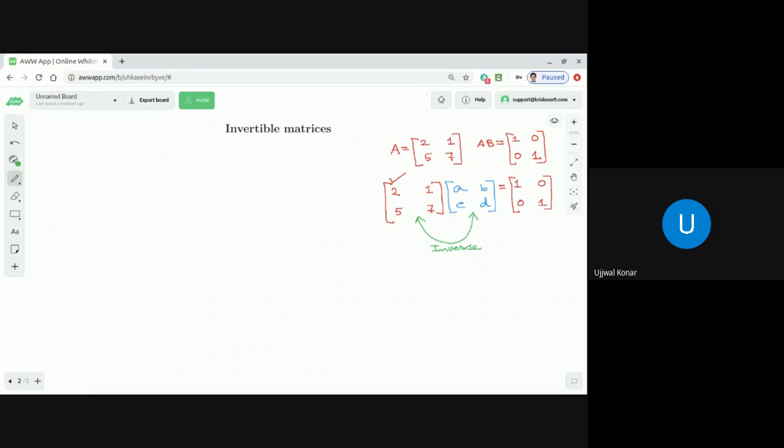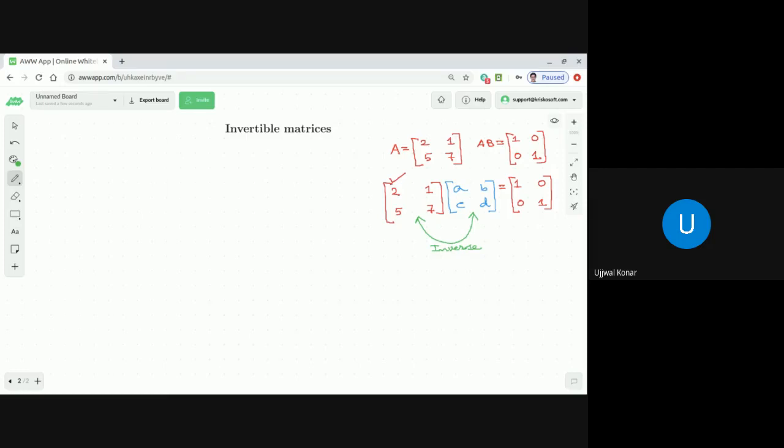Got it? So if you look at the matrix 2, 1, 5, 7, and we get another matrix whose elements are A, B, C, D, then we are going to get a matrix whose elements are 1, 0, 0, 1. And this is the fundamental of inverse.